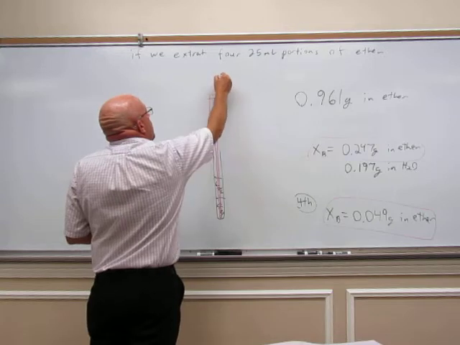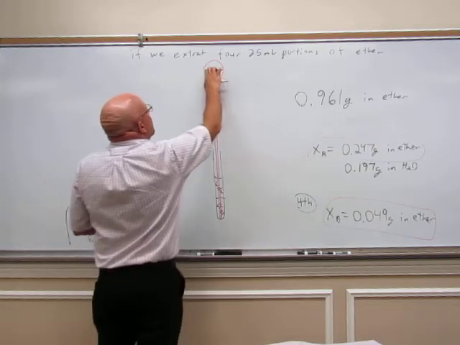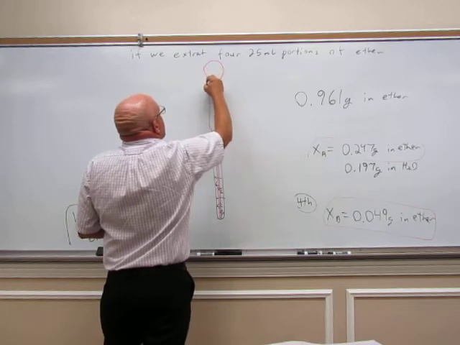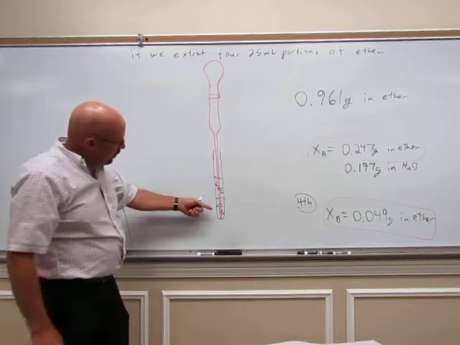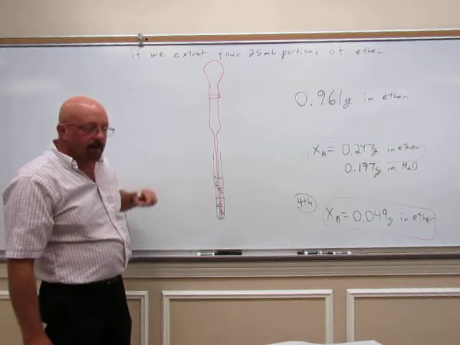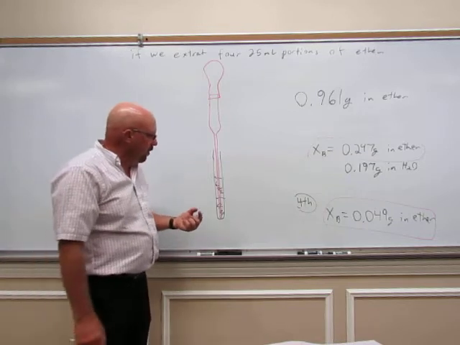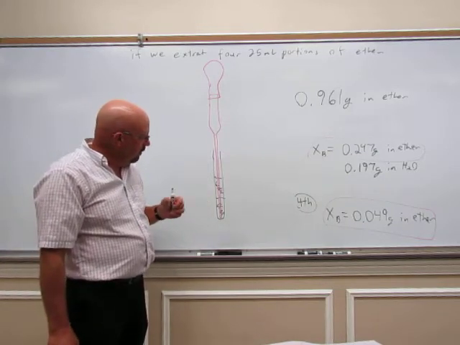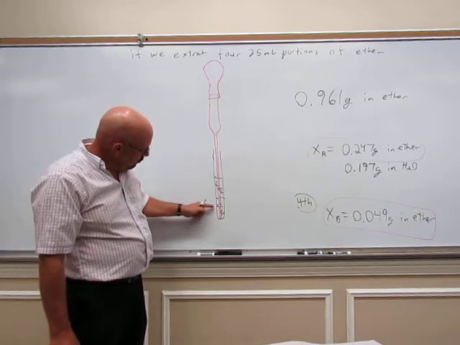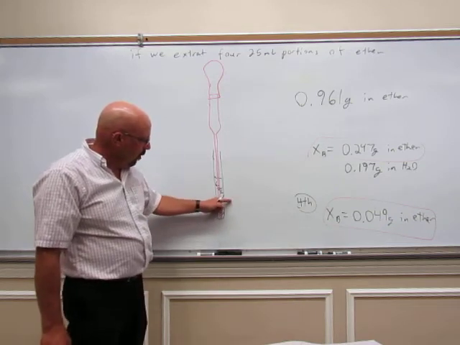Bulb here on top. Again, that is not a very good bulb, but you know what I'm saying. Squeeze the bulb and then slowly release it and it will suck up the bottom. You'll have to play with this. It takes some getting used to slowly release the bulb, and you're trying to suck up just the dichloromethane layer, our organic layer.